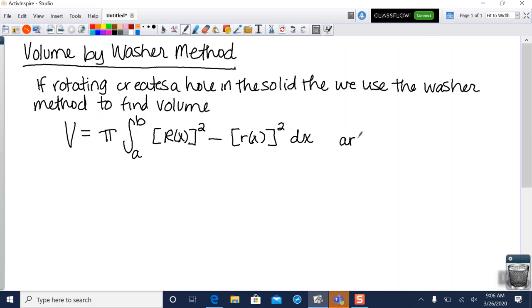And this is for when we're rotating around a horizontal line, like the x-axis.